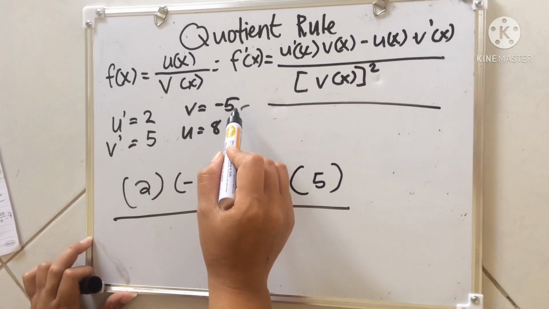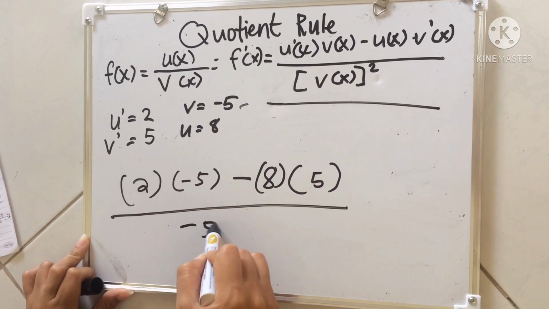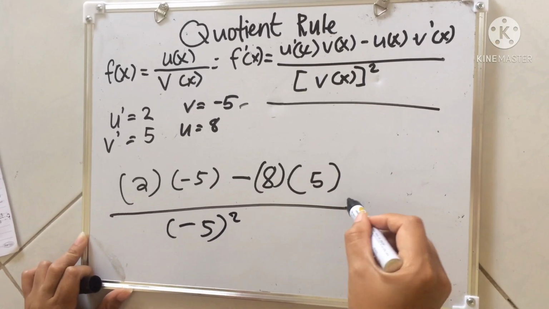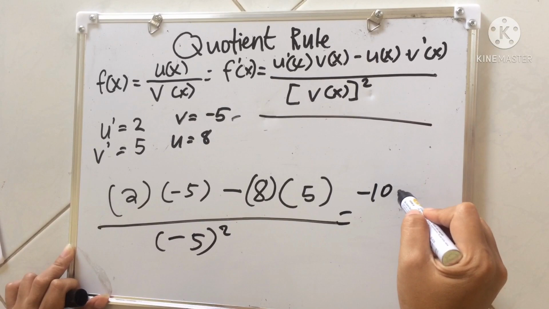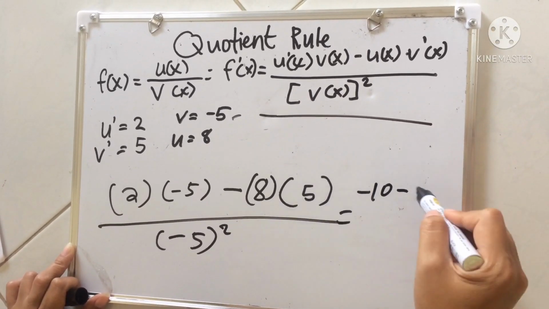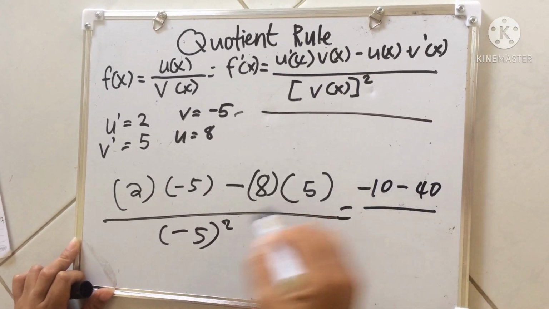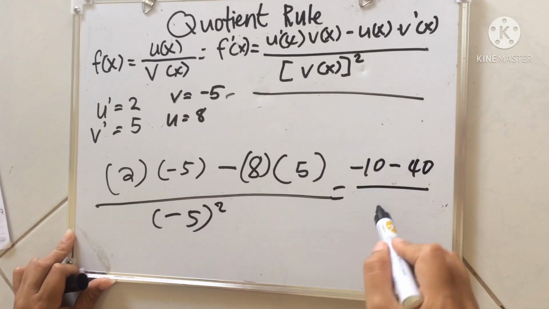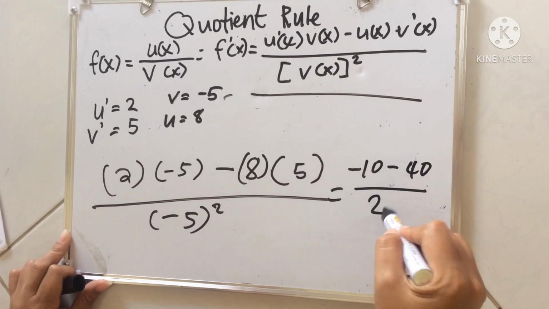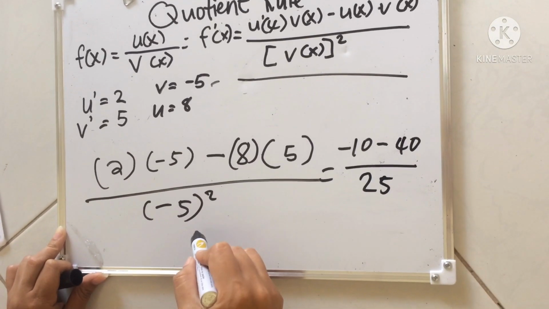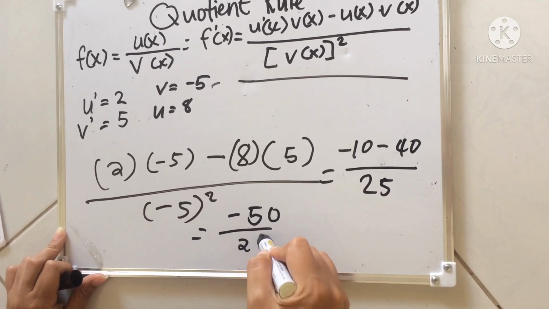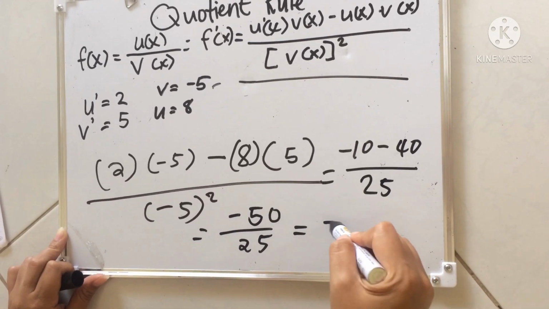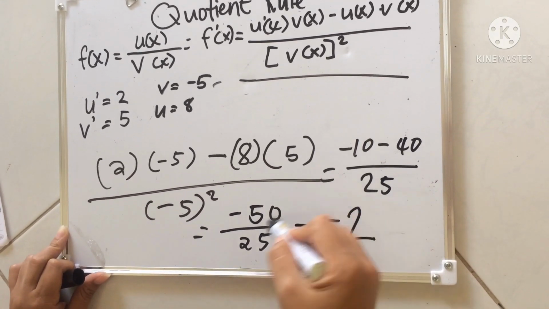So our v is negative 5, so negative 5 squared is equal to 25. Negative 10 minus 8 times 5, 40, over negative 5 squared, or 25. So our answer is negative 50 over 25, or negative 2.